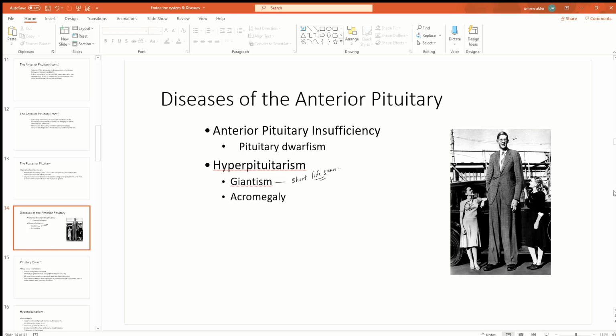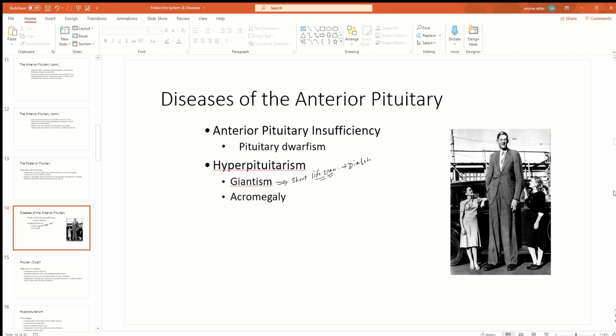And another is, since growth hormone also increases the production of sugar in the blood, continuous insulin secretion occurs, and the blood sugar always remains high, and that is diabetes, right?